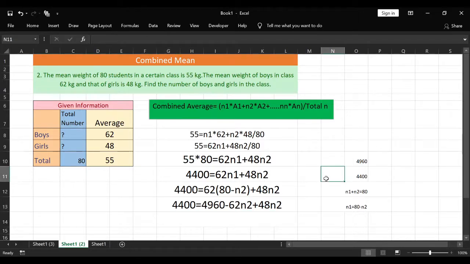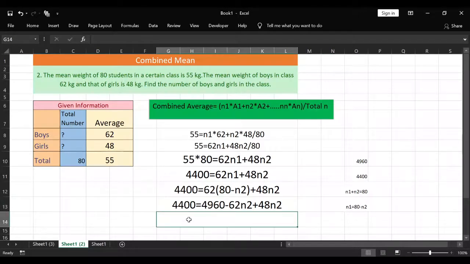So here now I can further simplify this formula. 4400 equals 4960, I'll keep as it is, minus 62 n2 plus 48 n2. So 62 n2 is negative and 48 n2 is positive.